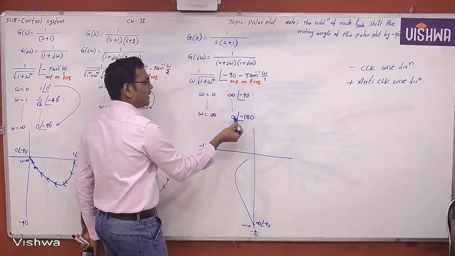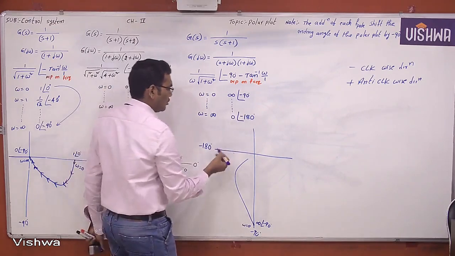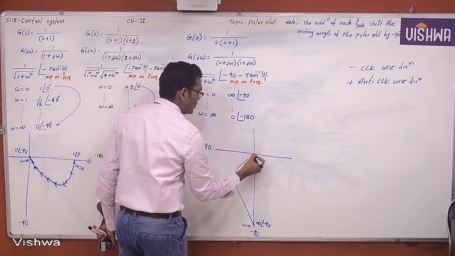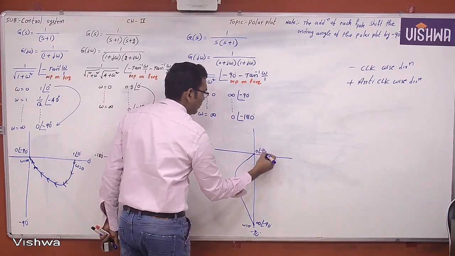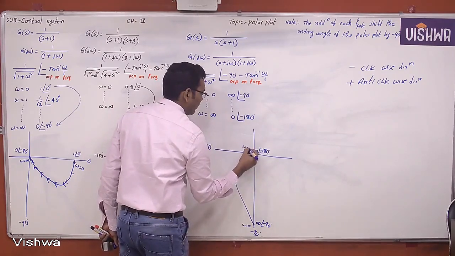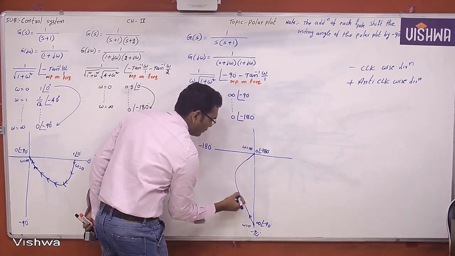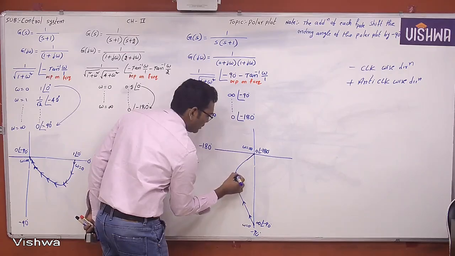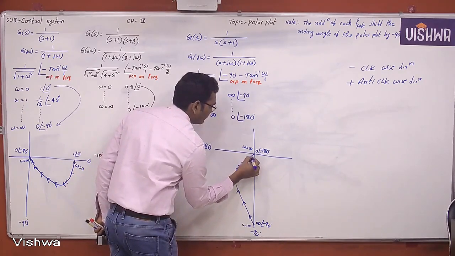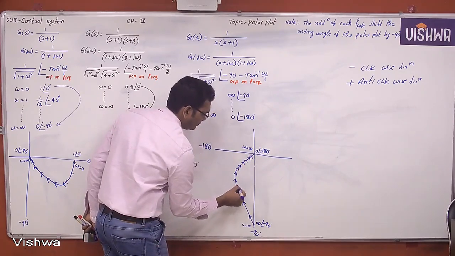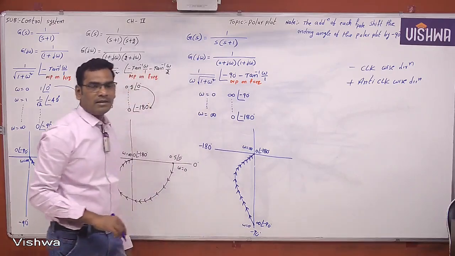And in minus 180 degrees the magnitude is 0, which is available at the origin: 0 at an angle of minus 180 degrees when omega equals infinity, as frequency changes from 0 to infinity. So this is a polar plot.